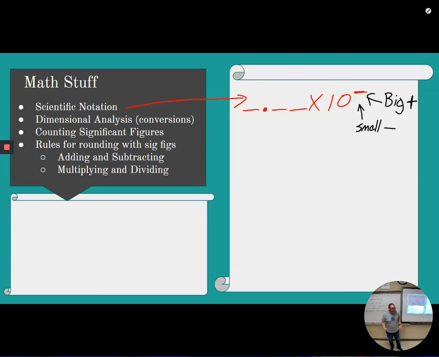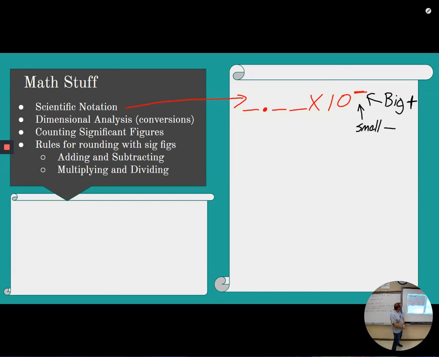Here I'm defining big as anything bigger than 1, and small as anything smaller than 1. You might have a question asking me about scientific notation. Probably not. I don't feel like that's one of the more important things to cover.